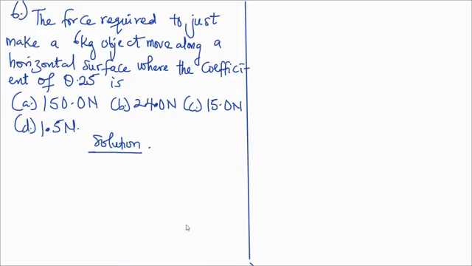So the force required to just make a 6 kilogram object move over a horizontal surface where the coefficient of friction is 0.25. So coefficient of friction rather.